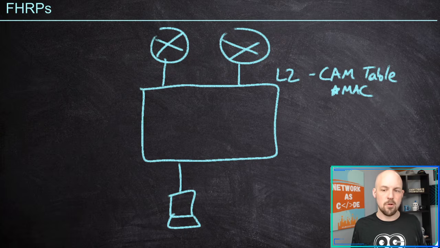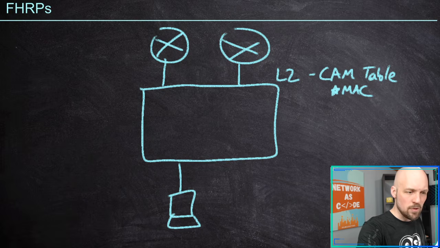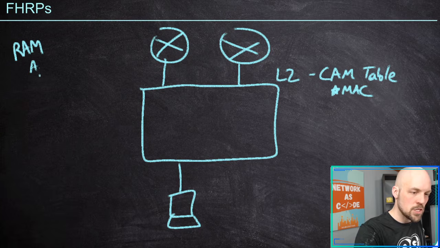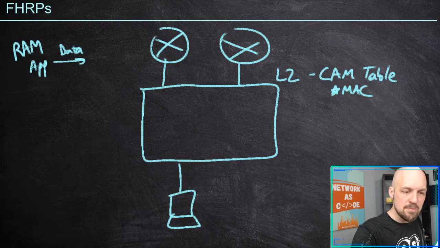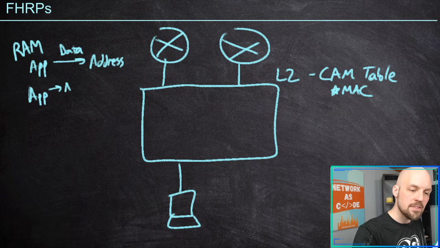Well, a content addressable lookup, this is a little bit of an aside, but it's actually kind of interesting. Because if we do a memory lookup in random access memory, we're talking about normal PCs, usually what's happening is an application is going to store data in a memory address. And so later, when that application needs that data, it provides the address to get that data back.